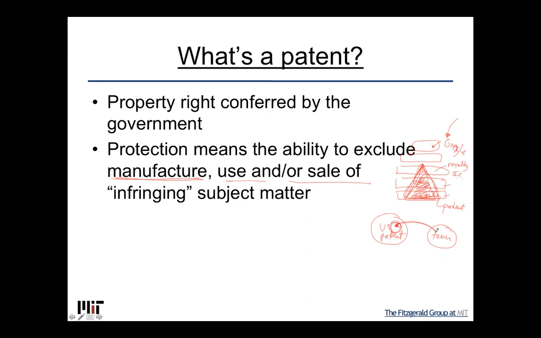If they sold it to another person in Taiwan and I didn't have a patent in Taiwan, that could be perfectly fine depending on what I choose to do. In general, if I only had the U.S. patent, I really couldn't stop the Taiwan person from selling to another Taiwan company.